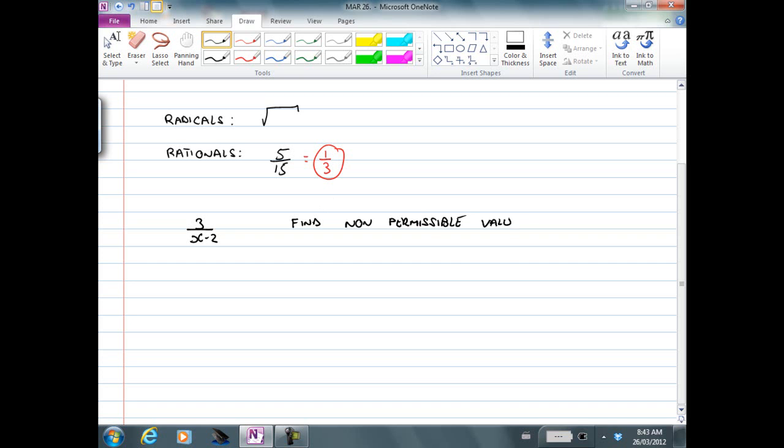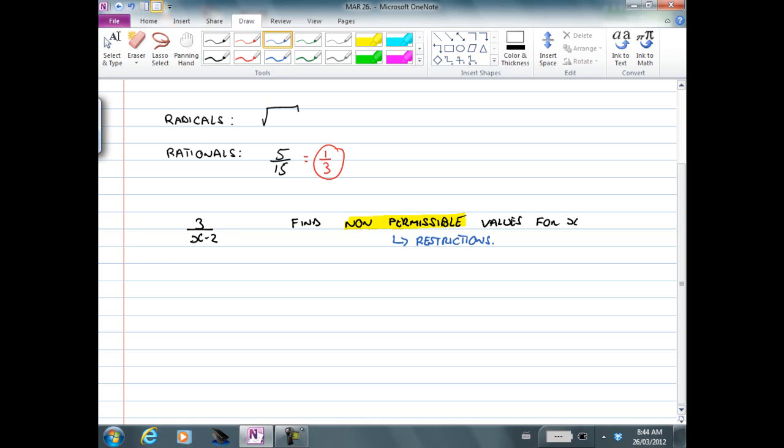There's one key word in here that you probably haven't seen before: non-permissible. Another word to describe non-permissible really is restrictions.